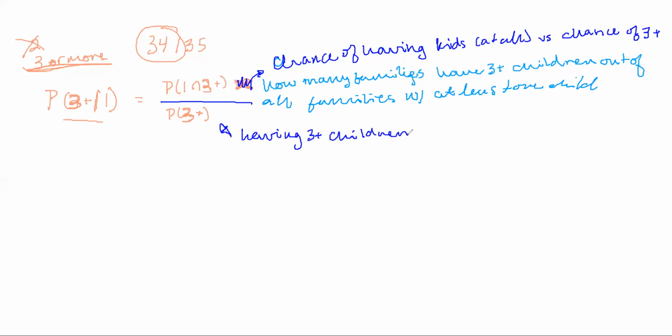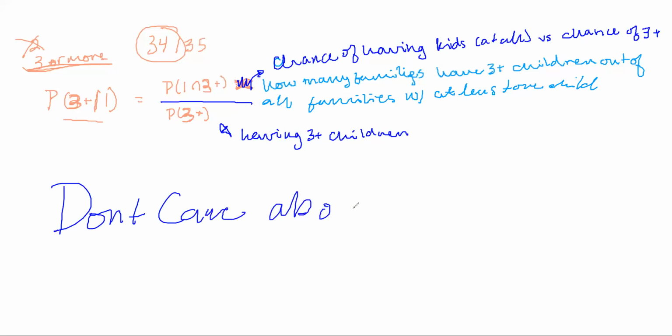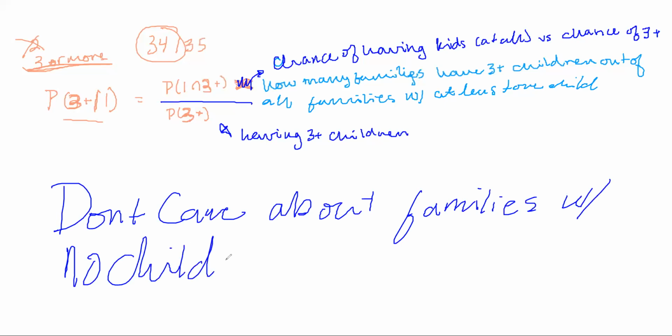And I can't give you numbers because I believe this is a homework problem. We don't care about families that have no children. We're only comparing the people who have 1 kid, 2 kids, to the people who have 3, 4, 5, etc.